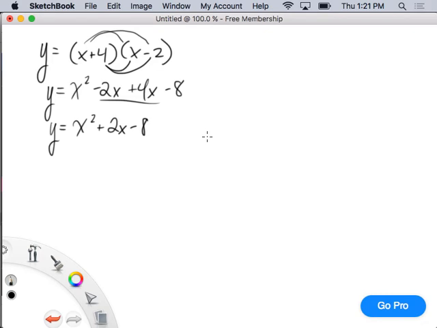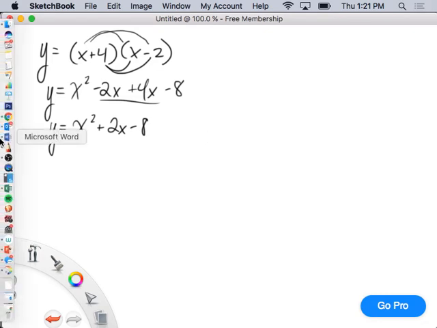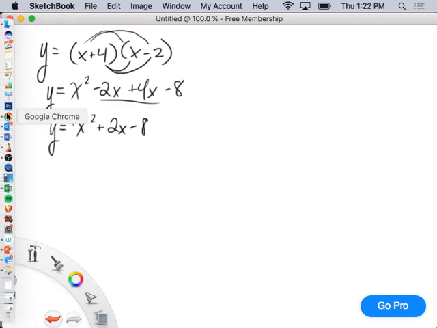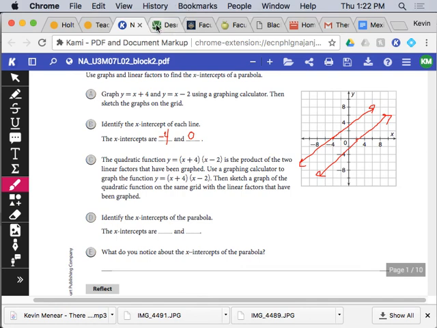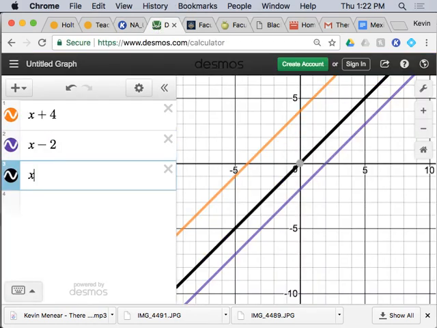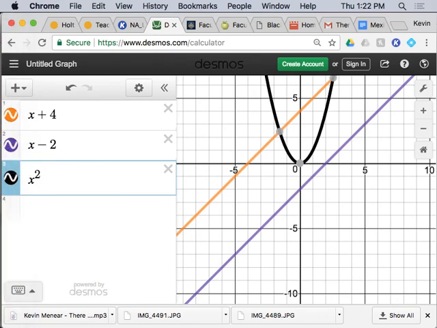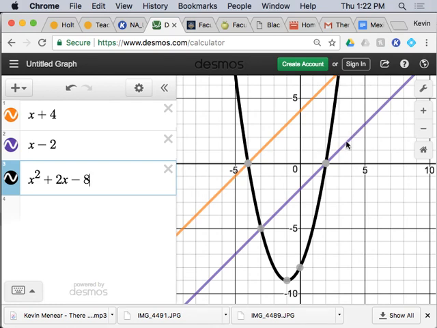All right, cool. So that's a quadratic function, but now here's where it gets interesting. Let's go ahead and plot this function in standard form. X squared plus 2x minus 8. Whoa.